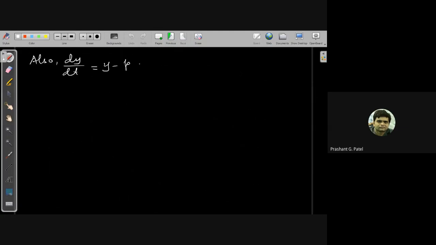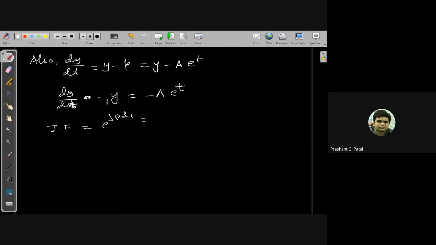This is the value of p, a e power minus t. This is again a linear equation as we have discussed previously. So this is dy by dt minus y equal to minus a e power minus t. So here the integrating factor is e power integration p dt, but the integration is minus 1, so that's why it is e power minus t.